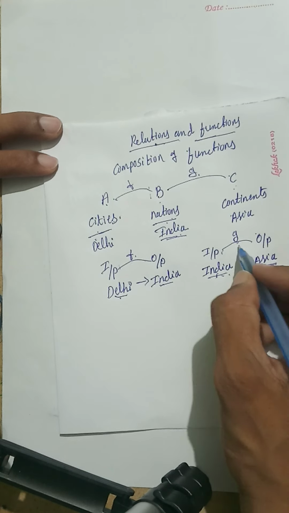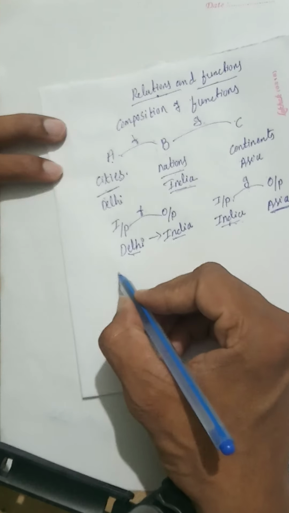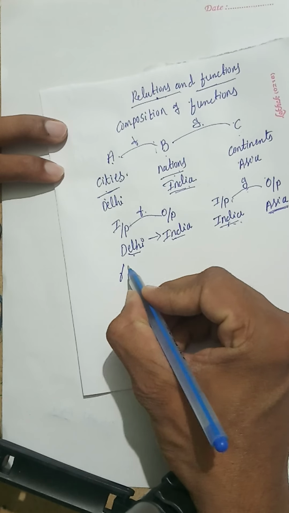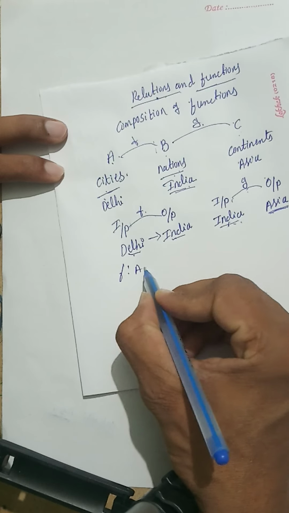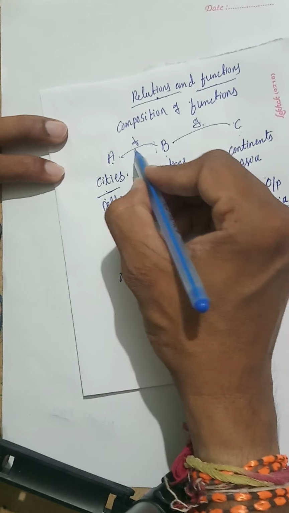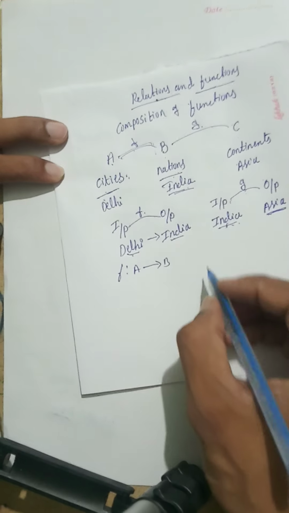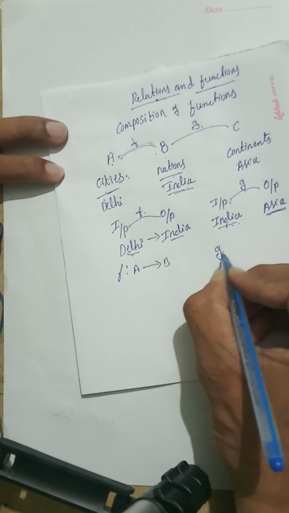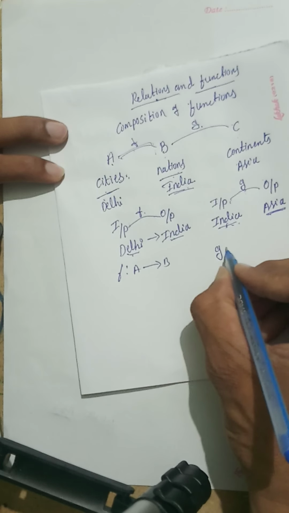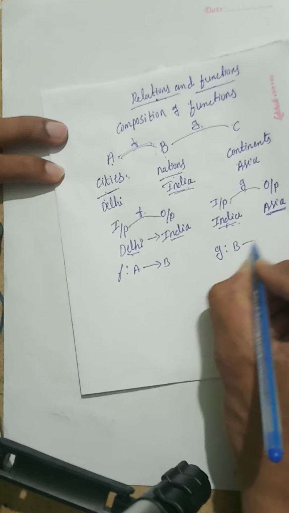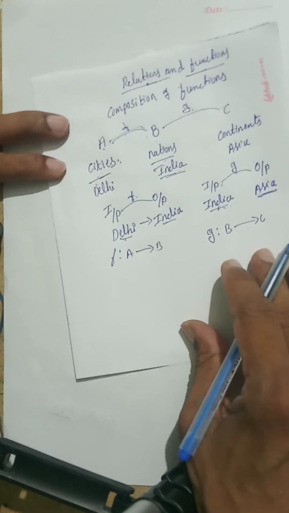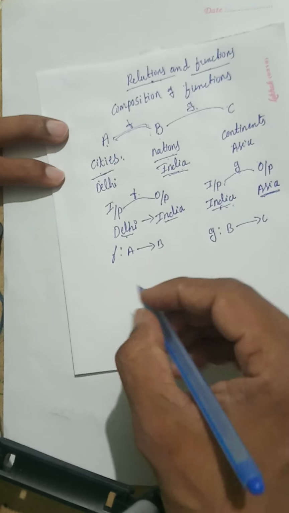See, f is a function from where to where? A to B. And this is the g function. g is a function from where? B to C.